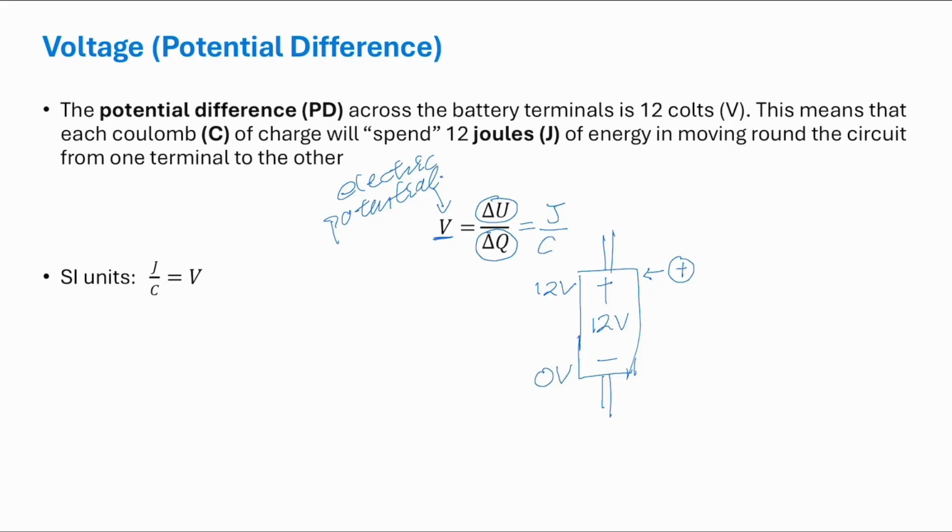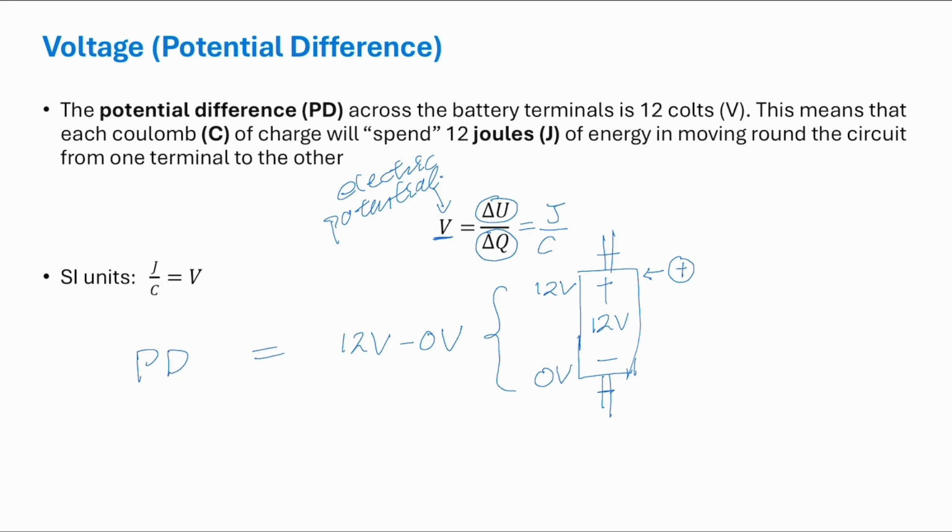This is what you measure with a digital multimeter. So in this case, the potential difference between the negative terminal and the positive terminal is 12 volt minus 0 volt. So this is what we call PD.